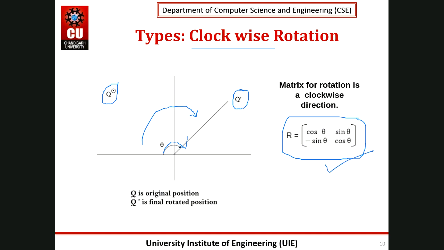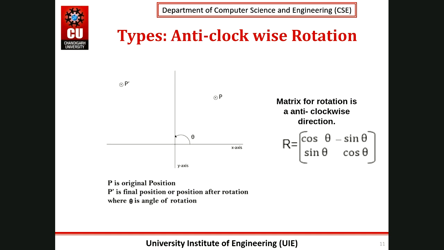Now for the anti-clockwise direction, let's say the initial position of the point is P here in the first quadrant, and after the rotation in the anti-clockwise direction, the position becomes P dash. The matrix equation will change, and it will be cos theta, minus sin theta, cos theta.